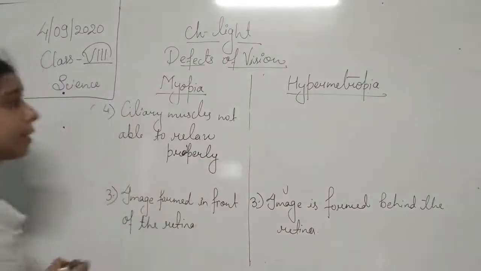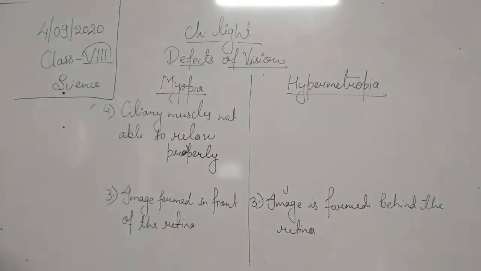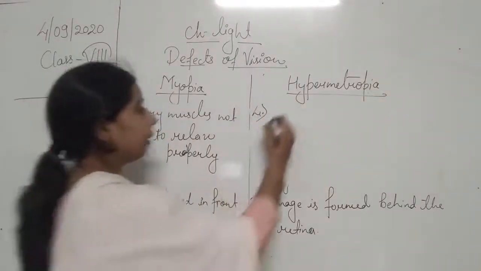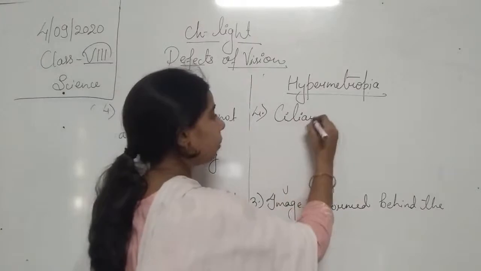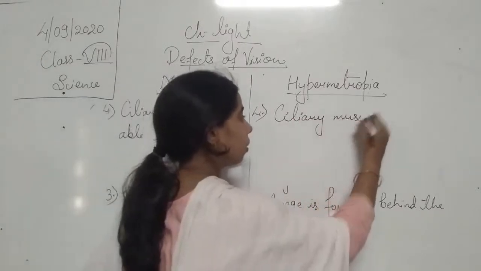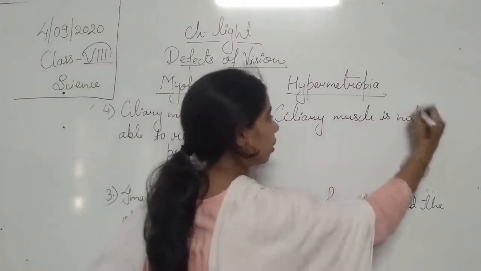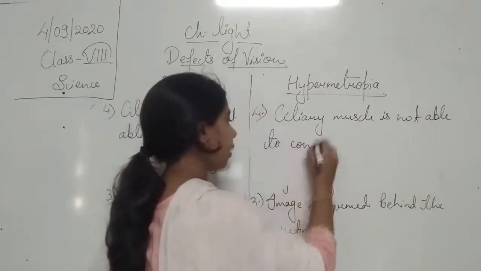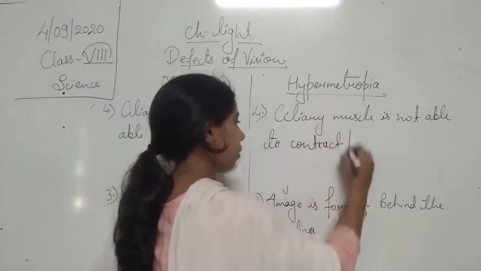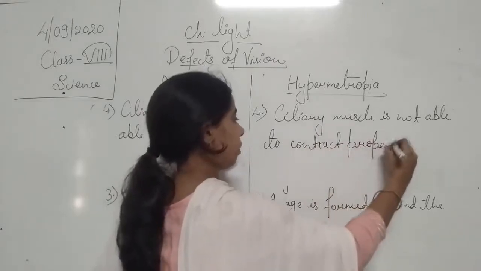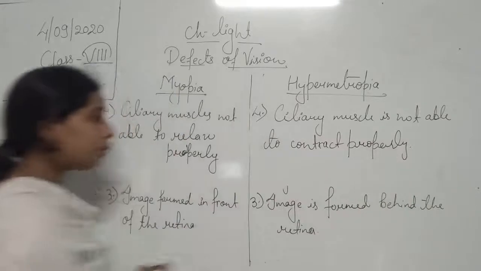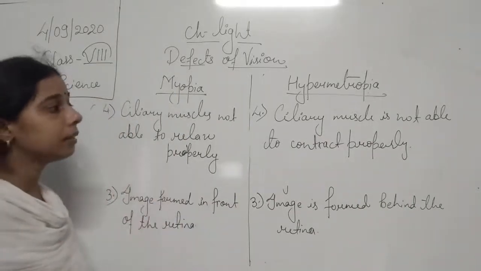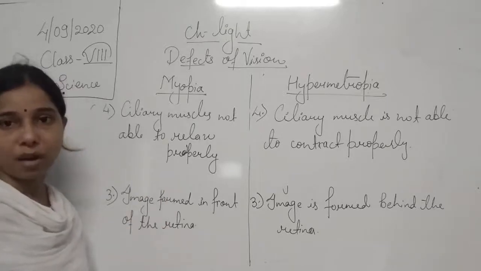So here you can say ciliary muscle is not able to relax properly. What happened in case of hypermetropia, student? Here ciliary muscle is not able to contract properly. So in one case the ciliary muscle is not able to relax properly. In the other case ciliary muscle is not able to contract properly.